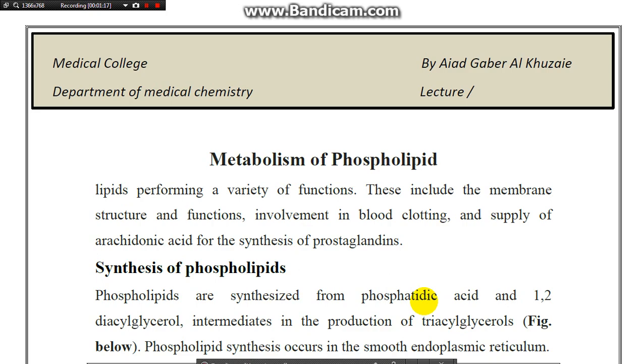Oil is liquid because it has the unsaturated fatty acid, but the fat is solid because it has the saturated fatty acid. Wax is ester of the long chain fatty acid with aliphatic or cyclic alcohol.